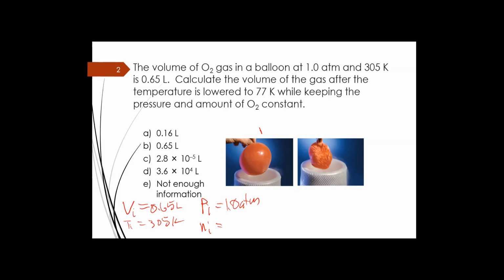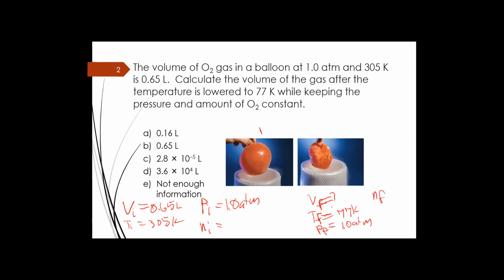But when I look at my second equation, I know that my volume is what we're looking for. My temperature is going to be at 77 Kelvin, and my pressure is going to be 1.0 atmospheres because it's the same.